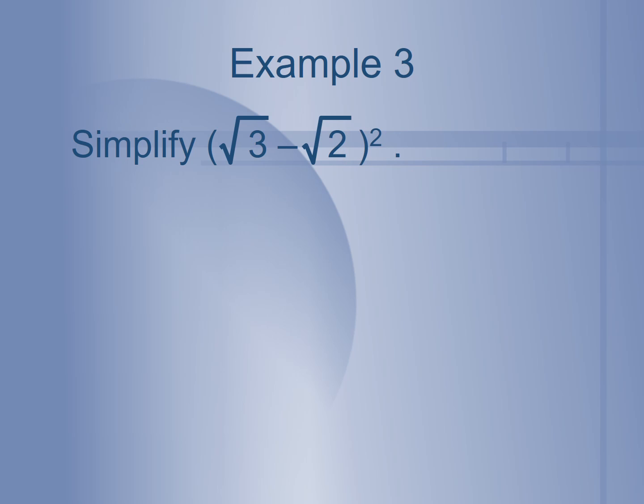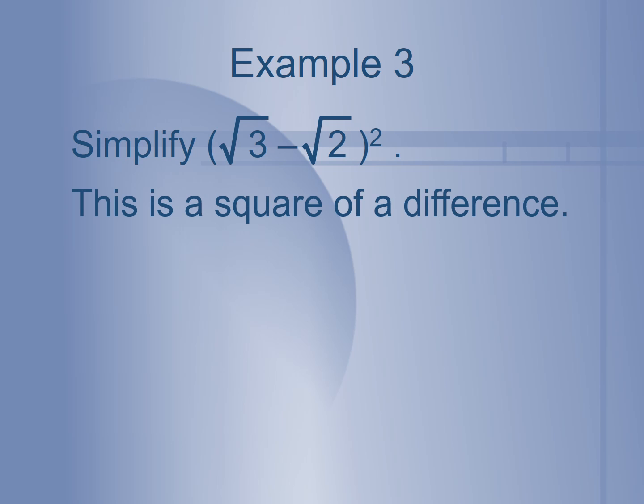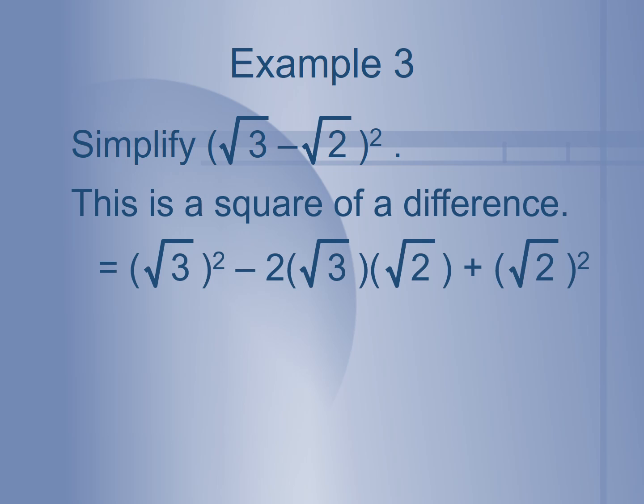All right, so next example, we have the square root of 3 minus the square root of 2, squared. And this is a square of a difference, which means that it's going to be a squared minus 2ab plus b squared. So a squared, so the square root of 3 squared, minus 2ab, so 2 times the square root of 3 times the square root of 2, and then b squared, so the square root of 2 squared.